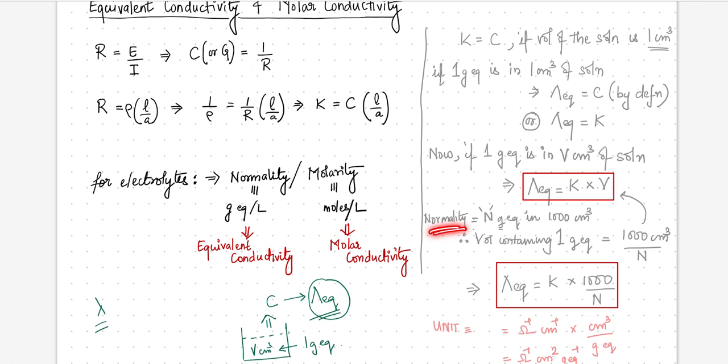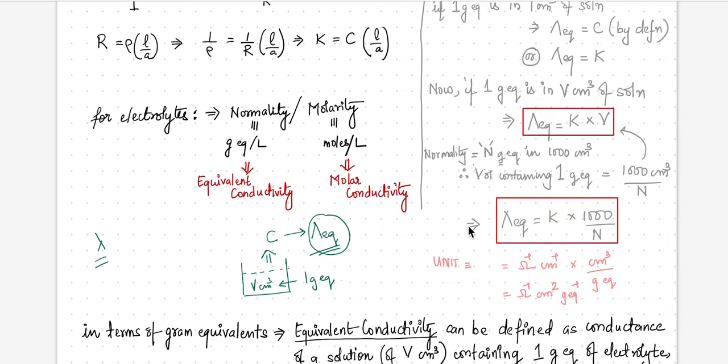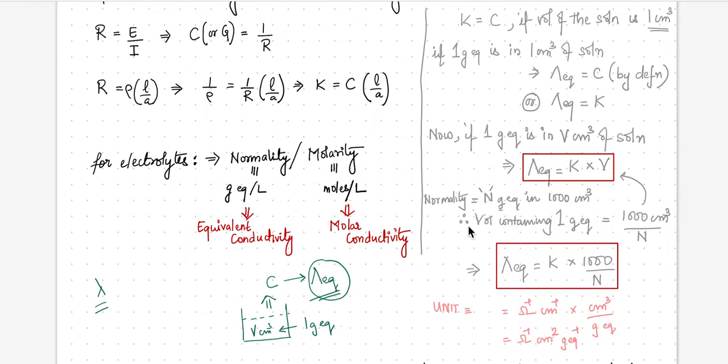Okay, so n is nothing but the number of gram equivalents which we obtain from the value of the normality. These things you are pretty aware of, because you learn about them when you study solutions. Now, the units of lambda EQ are also very simple, because K, the specific conductivity, has the unit per ohm per centimeter.